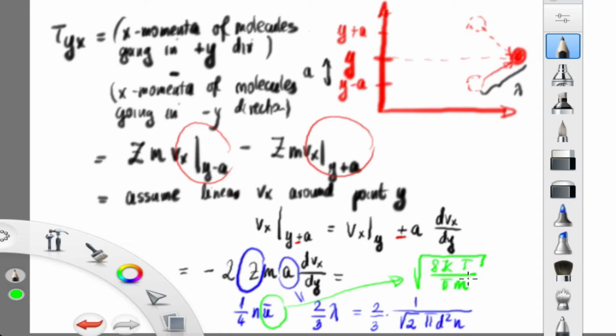So I have actually arrived, whatever this mumbo jumbo ends up being when I work it out, at tau yx being negative something in terms of macroscopic properties of the fluid, times dvx dy. When I compare that to what Newton came up with, then this mumbo jumbo here, 2zma, whatever it works out to be, is my viscosity.